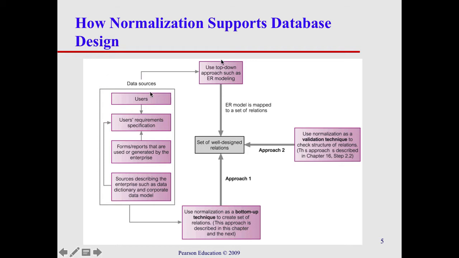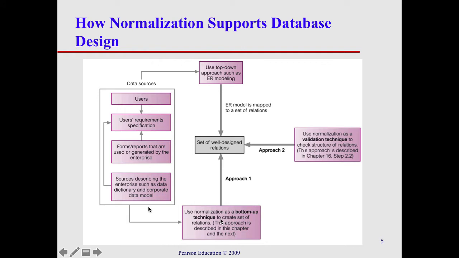And then this top box says that you can either use a top-down approach such as ER modeling and then verify on the right. I know it's hard to read. What it's saying is you use normalization to check your relations that you derive using ER modeling. So basically, once you've done the top-down approach, you then check that everything is okay by using the normalization approach.